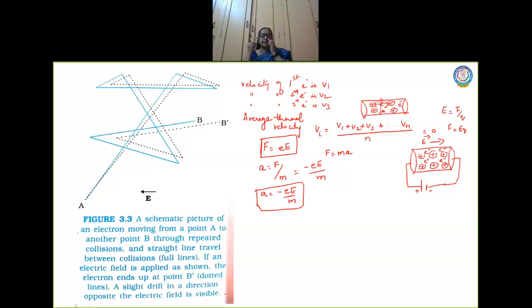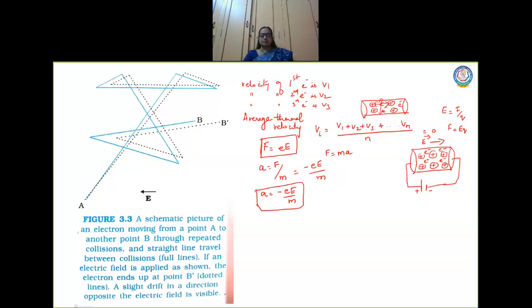When I walk very fast in a crowded place, so many people will be there. When I hit a person while walking with a very high velocity, what happens to my velocity, children? Will it be the same? No, definitely it will be reducing.